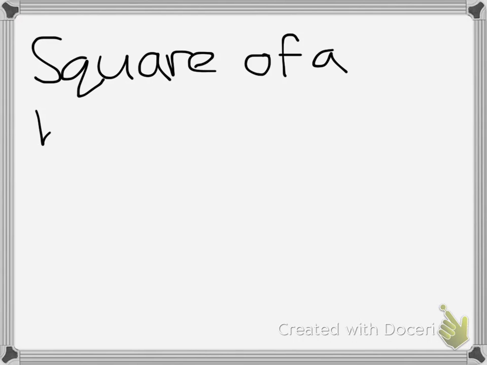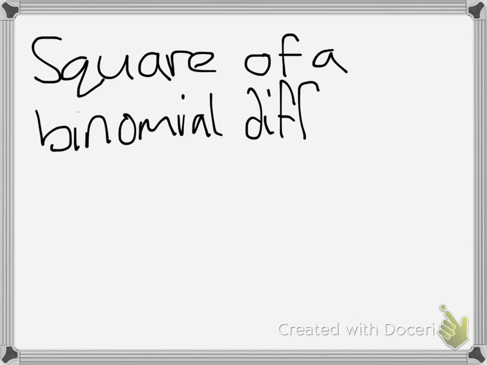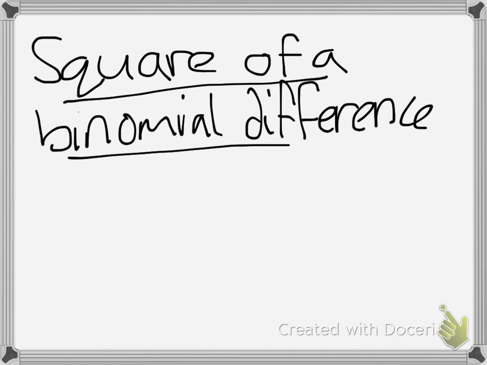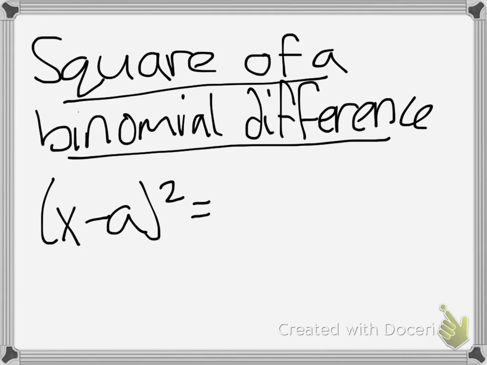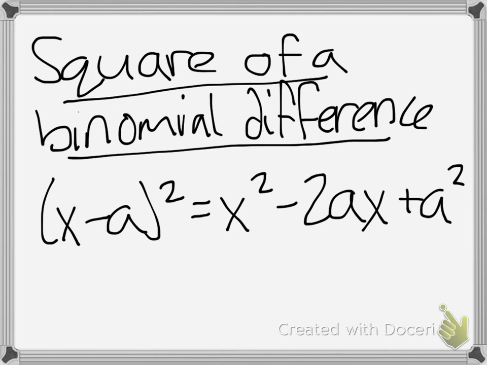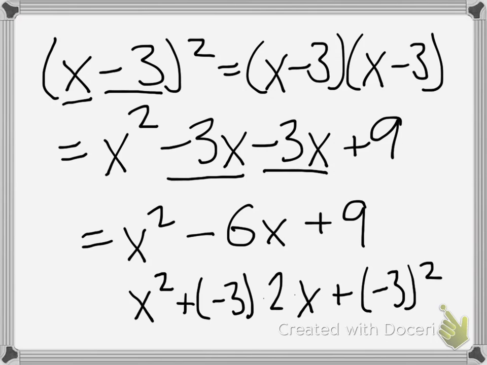We have a square of a binomial difference now, and we have a formula for that when I have x minus a squared. That's equal to x squared minus 2ax plus a squared. And if I look back, yeah, that looks a lot like what I had predicted. Yeah?